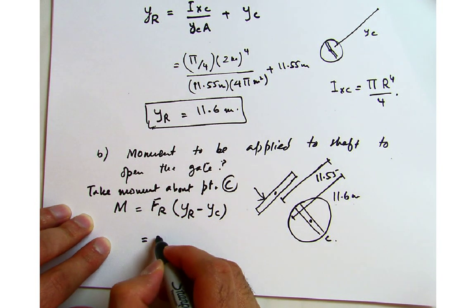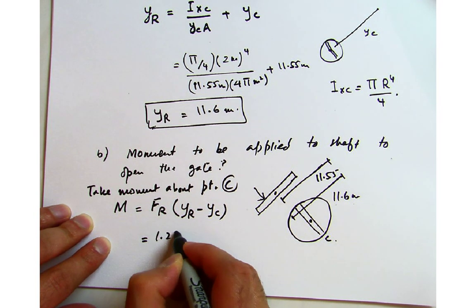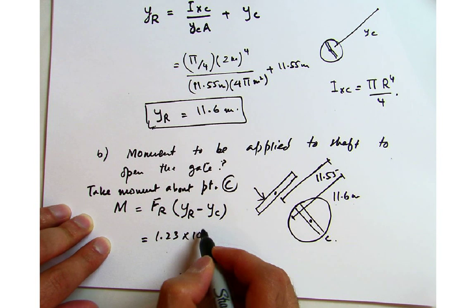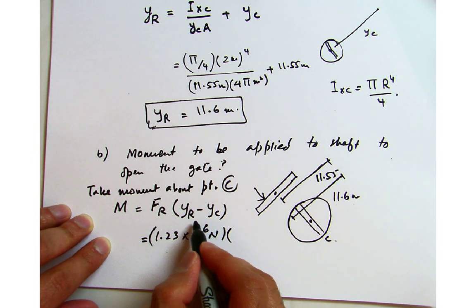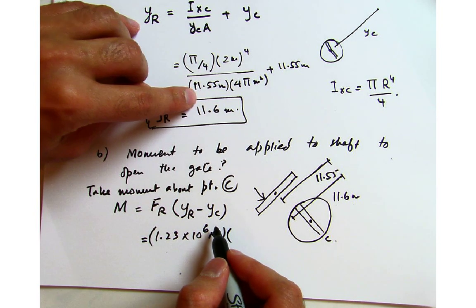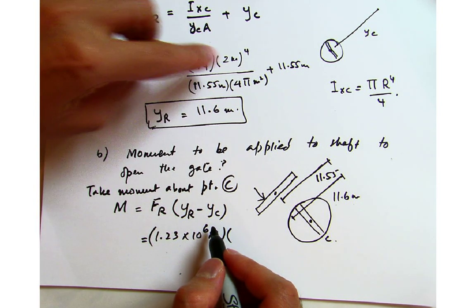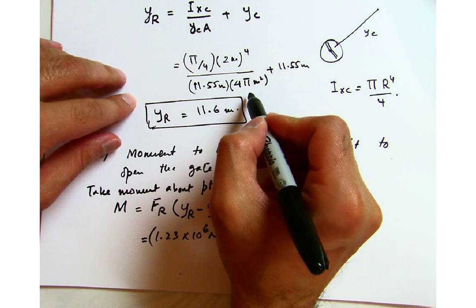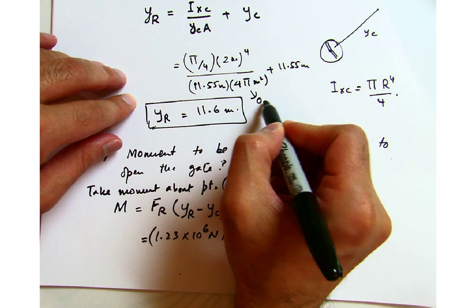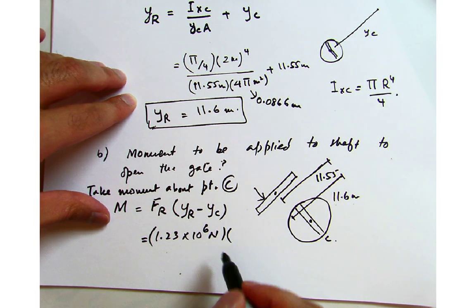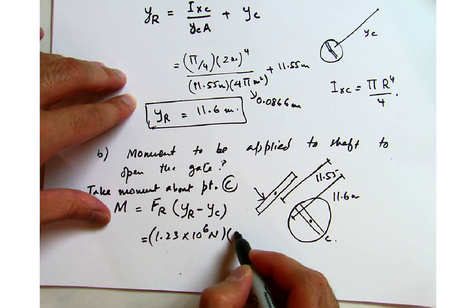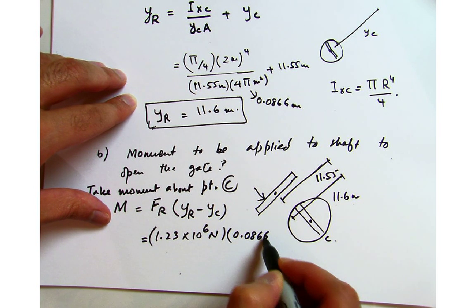So in this case the force is 1.23 into 10 raised to power 6 newtons times (y_R minus y_C). Even though I'm writing this as 11.6, once you get that number, the difference of the two is actually 0.0866 meters.